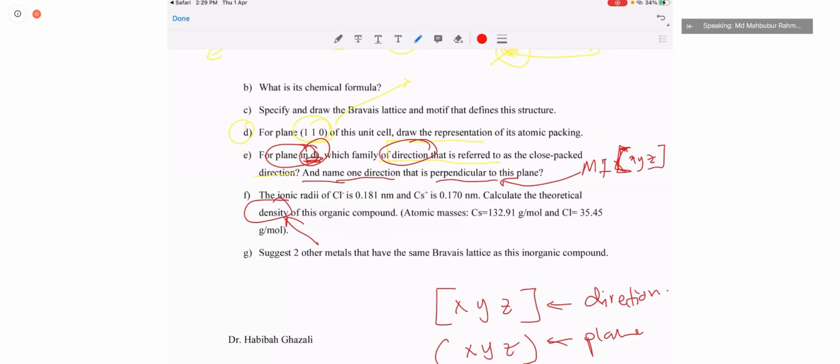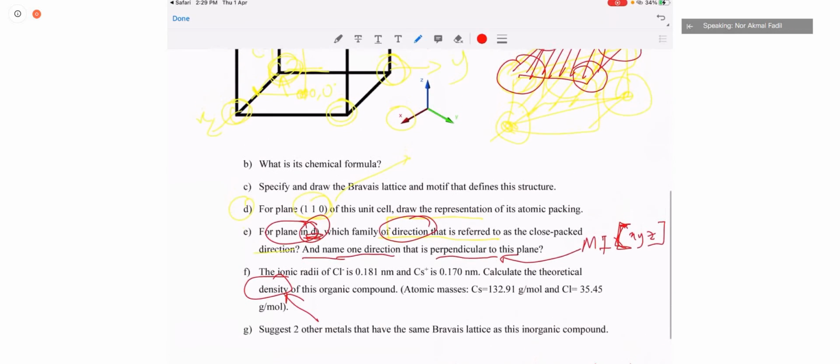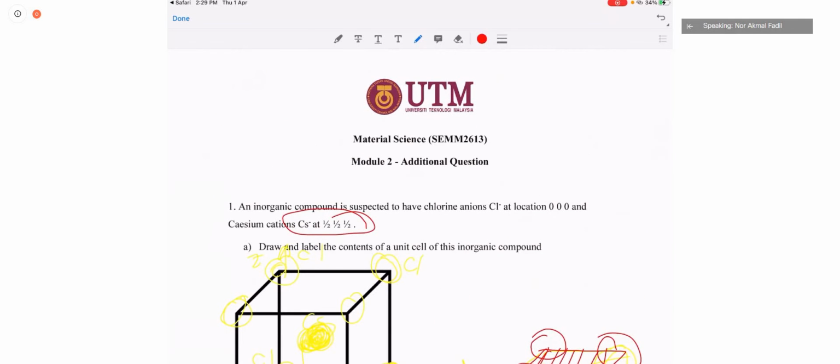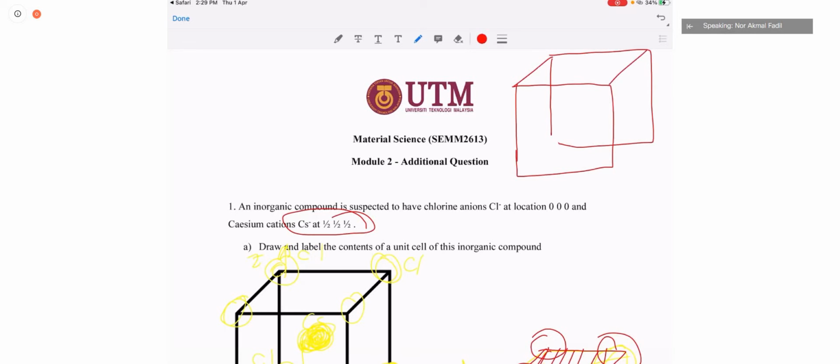Remember, when you draw the planes, let's say you have this direction, for example, like this one. Of course, you need to label properly the axes x, y, z.